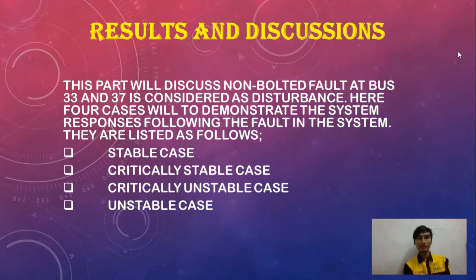In this part we discuss a non-bolted fault at bus 33 and 37, which is considered as the disturbance. Here we demonstrate the system responses following the fault in the system. There is a stable case, critically stable case, critically unstable case, and unstable case.